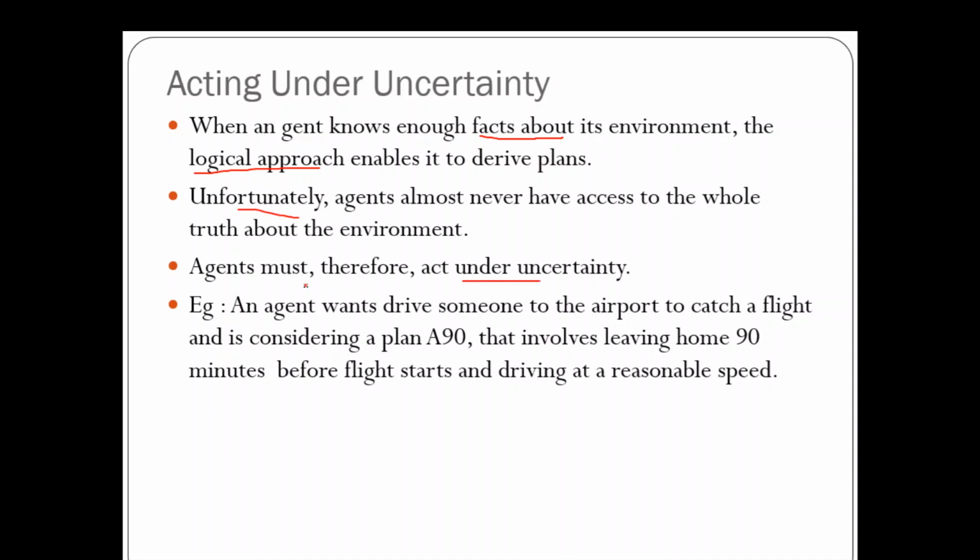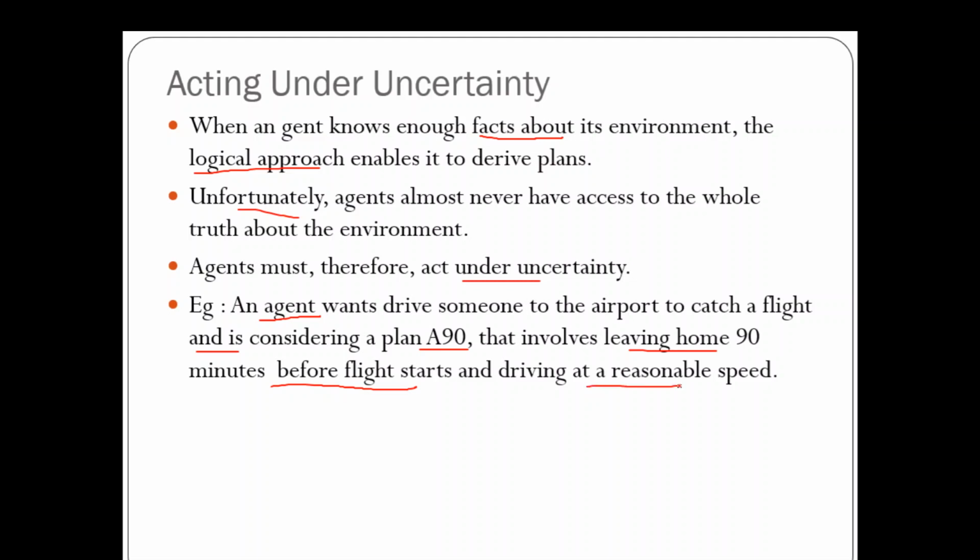Let us consider one example. Assume that there is an intelligent agent that wants to drive someone to the airport to catch a flight. The agent uses a plan, and that plan is called A90. The plan A90 involves leaving home 90 minutes before the flight starts and driving at a reasonable speed.